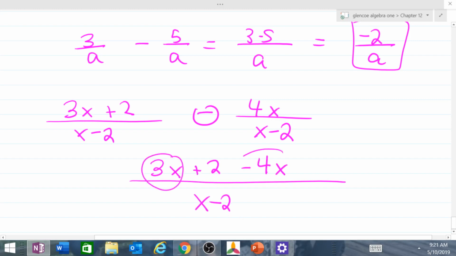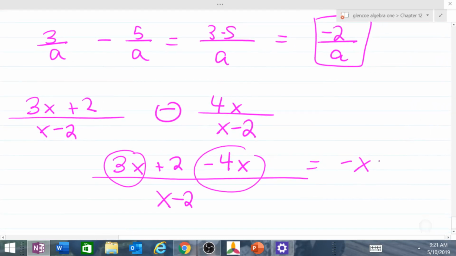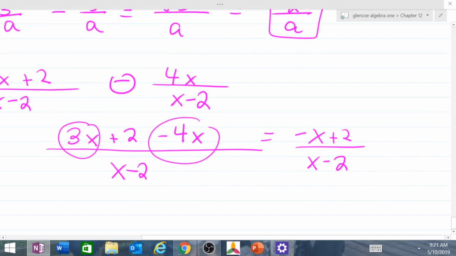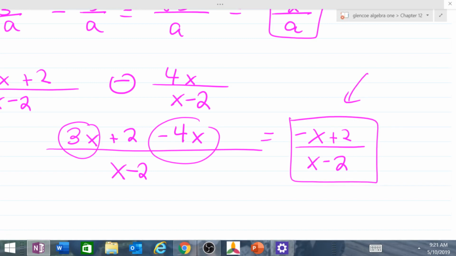And 3x minus 4x gives me a negative x plus 2 over x minus 2. Negative x plus 2 over x minus 2. We're not going to deal with inverse denominators in Algebra 1, so in Algebra 1, your answer can be left like this.